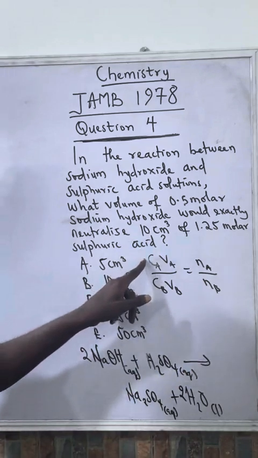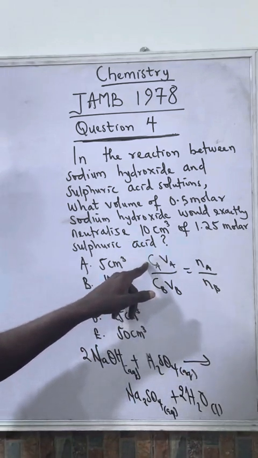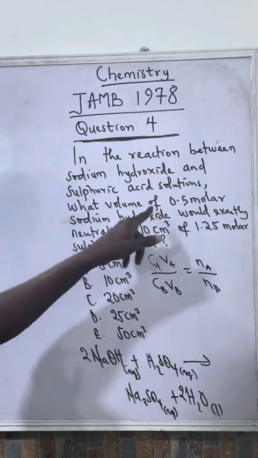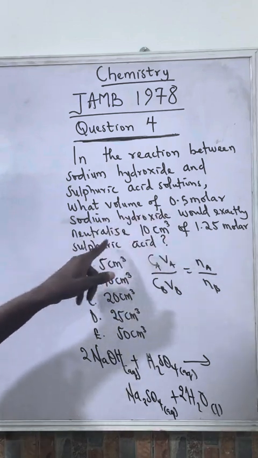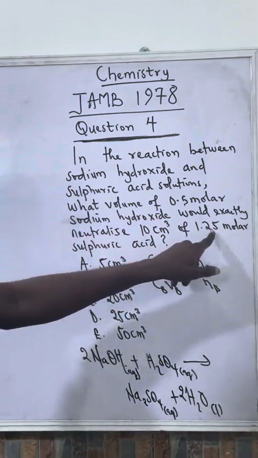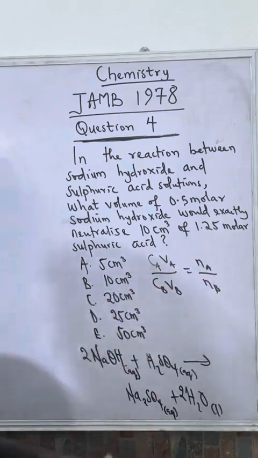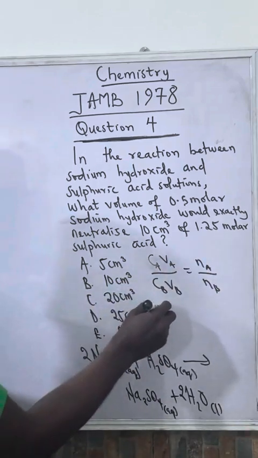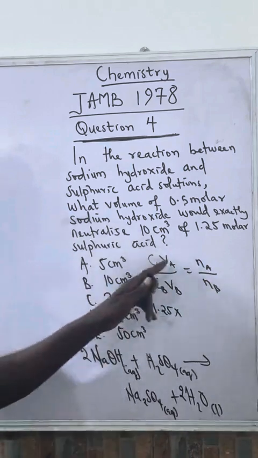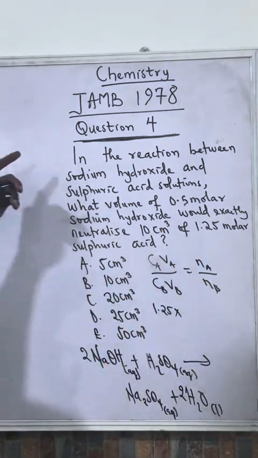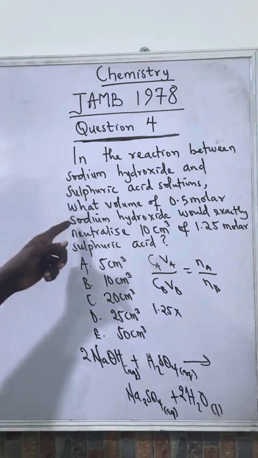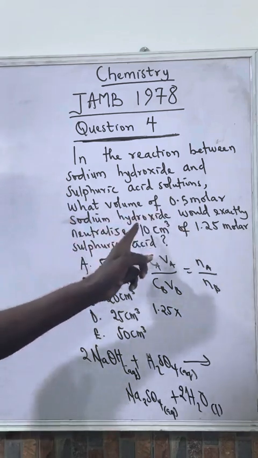Here we have the concentration of the acid, which is 1.25 molar sulfuric acid. So the concentration of the acid is 1.25, times the volume of the acid. The question is asking what volume of 0.5 molar sodium hydroxide.